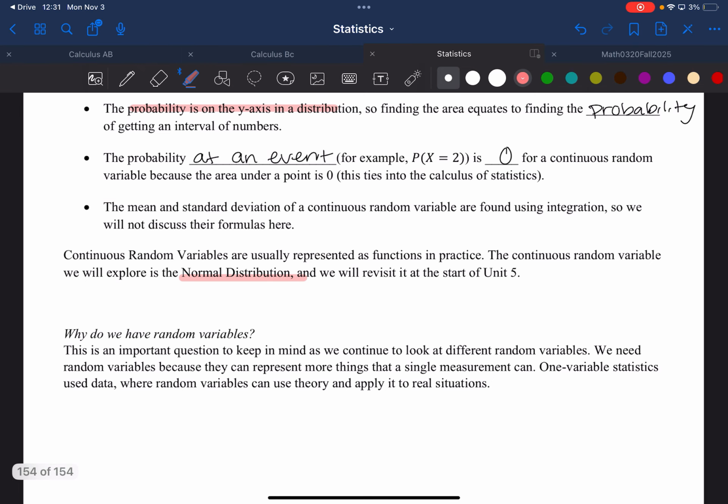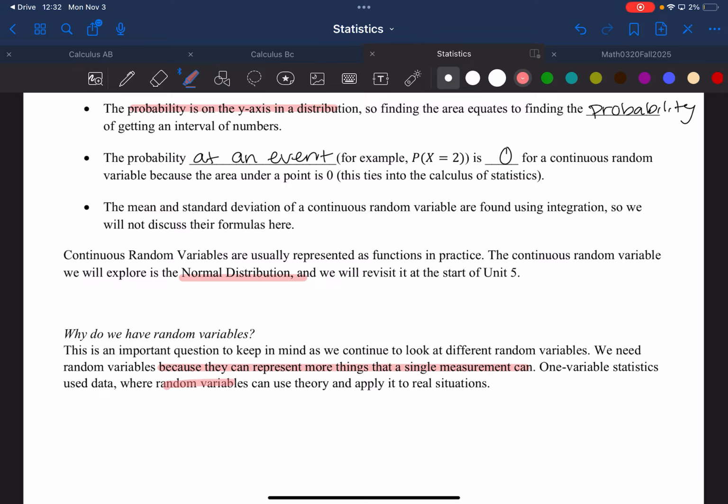It says, why do we have random variables? This is an important question to keep in mind as we continue to look at different random variables. We need random variables because they can represent more things that a single measurement cannot. One variable statistics, so everything we've done prior, can only give us one type of measurement.